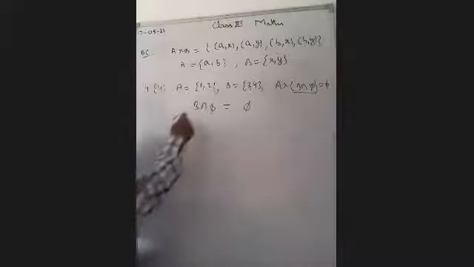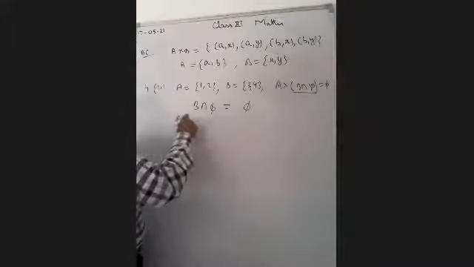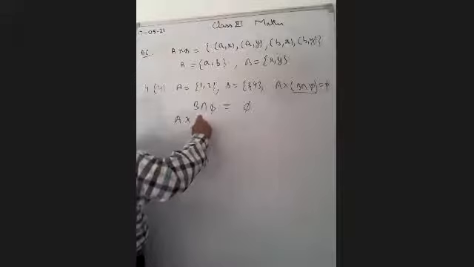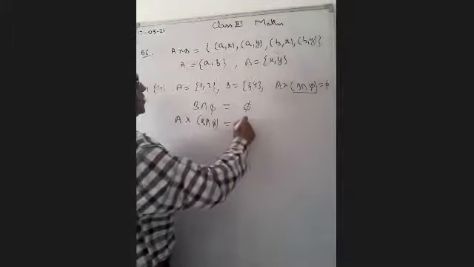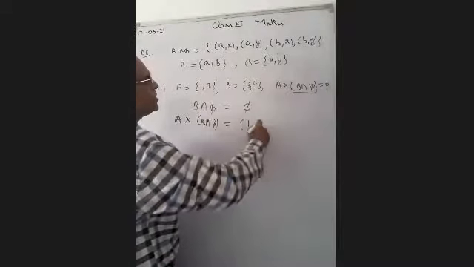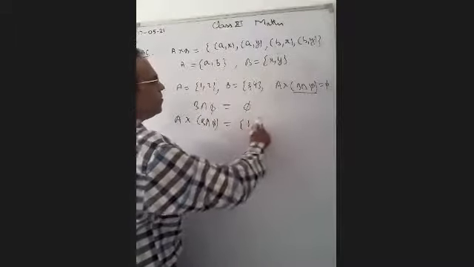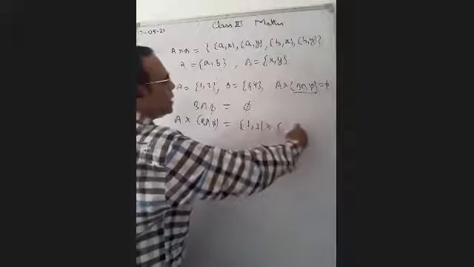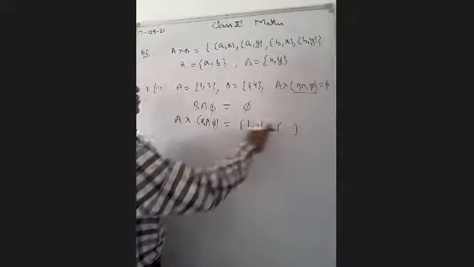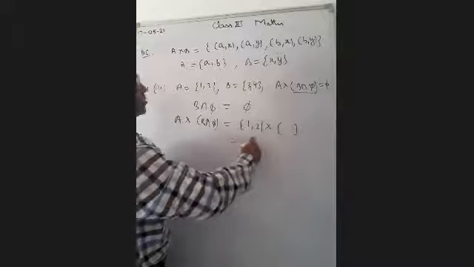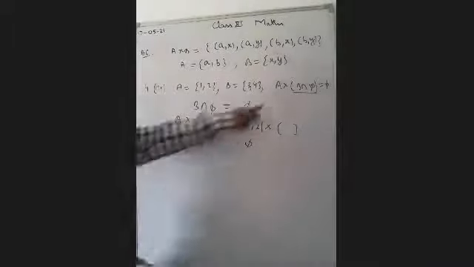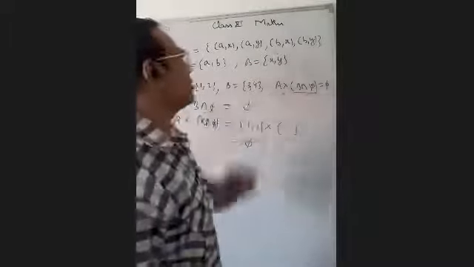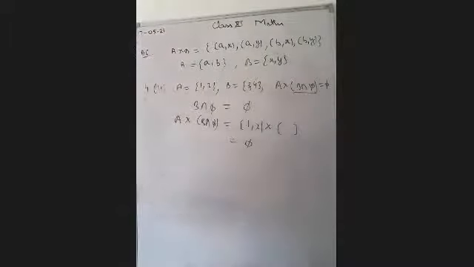Now we can find the value of A cross B intersection 5. यानी कि we have to make the ordered pair with set 1, 2 and with the empty set. In the empty set there is no element, so we cannot form any ordered pair. Then the answer will be 5. That's why A cross B intersection 5 equal to 5. This was the third part of question number 4. Fifth, I have explained you earlier.